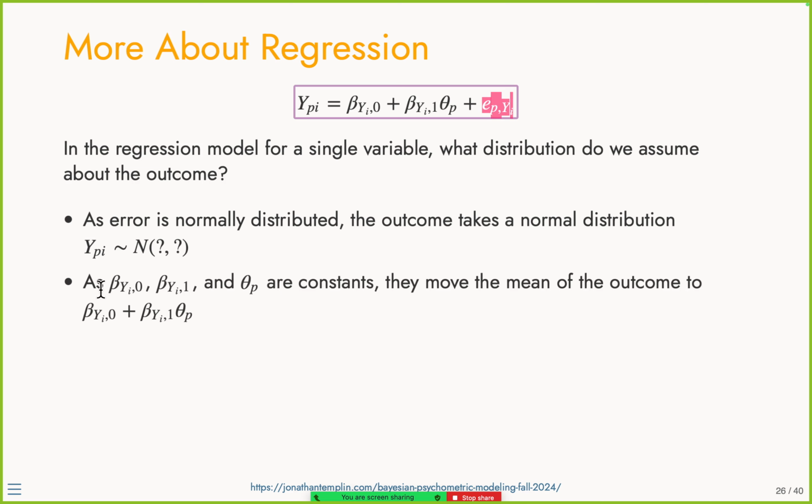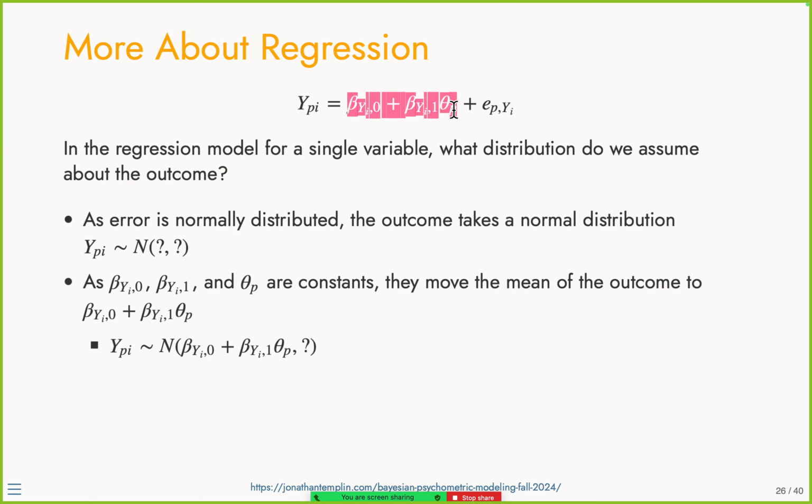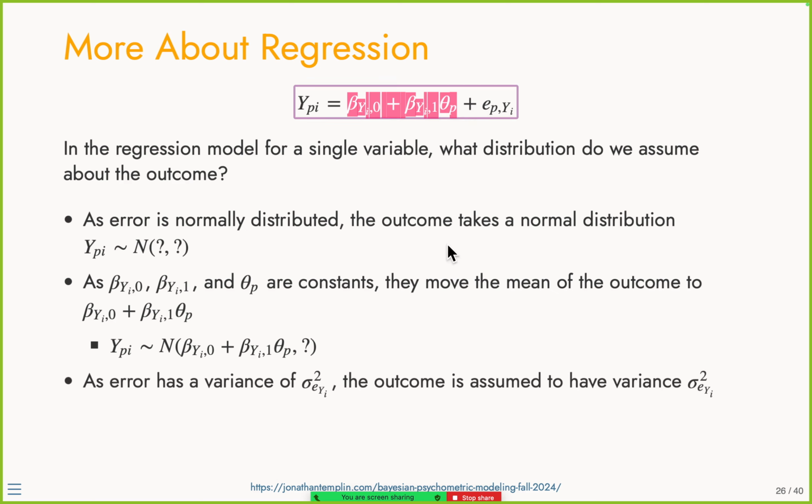Here, beta 0, beta 1, and theta are constants, so they move the mean of the outcome. So the mean of y turns out to be what's specified there, as I mentioned, the linear predictor. And as error has a variance of sigma squared, the outcome variable also has a variance of sigma squared.